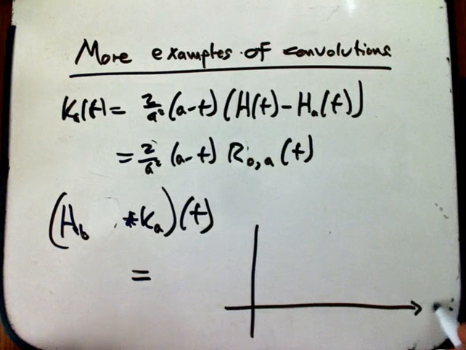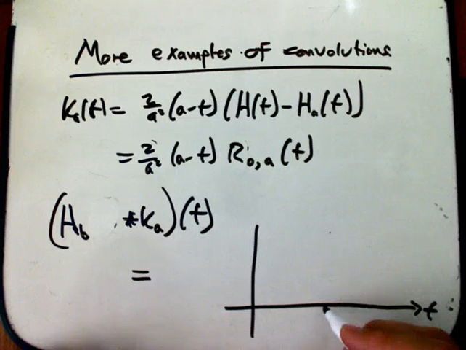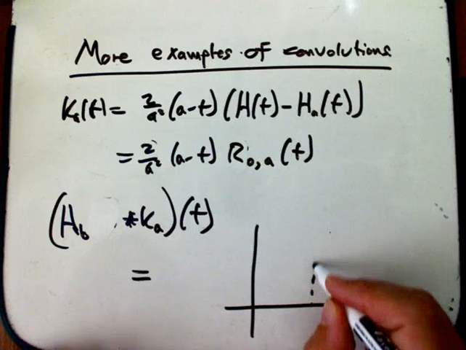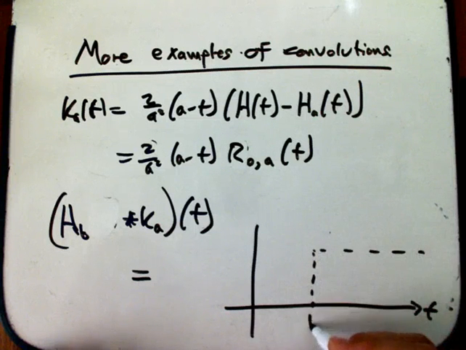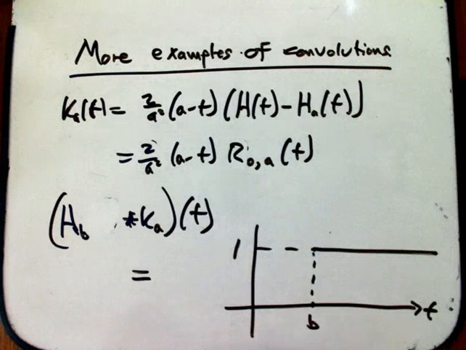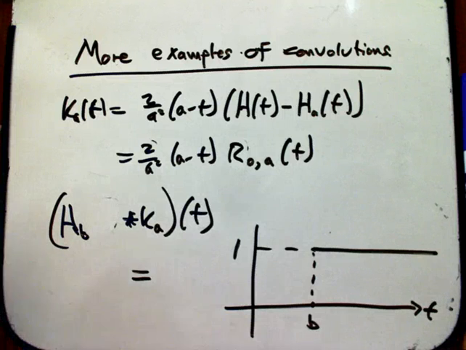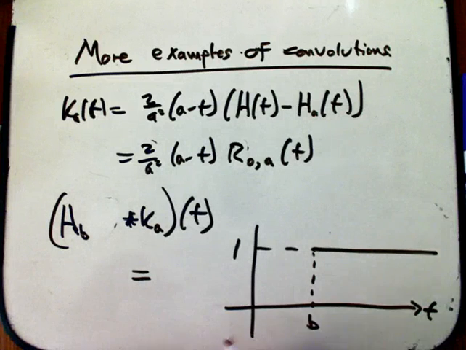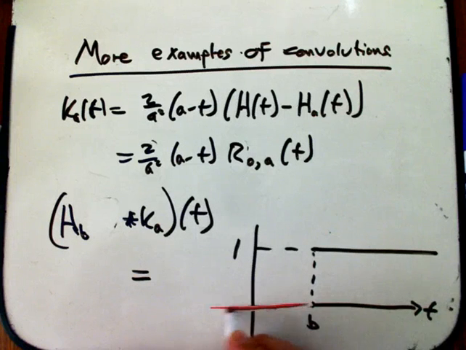Okay, so I'll do the black and red style again here. So let's say here's b and here's 1. That's our H_b, and then I convolve it. What's going to happen, again, I'm doing a past moving average, so until b, nothing happens. Okay.